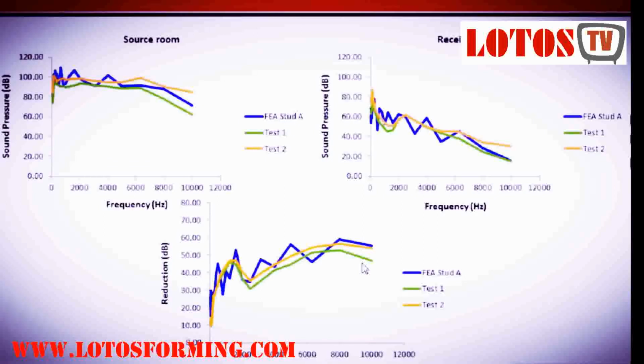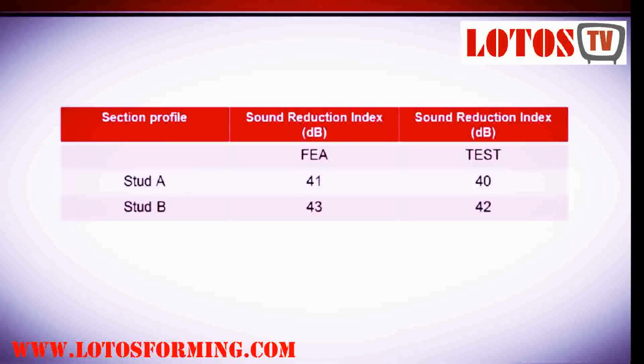We use the same procedure and perform another simulation for stud B, and then we also obtain the result for stud B. Here's the result compared with the test. We use rating methods in British standards for acoustic performance to obtain the sound reduction index number.